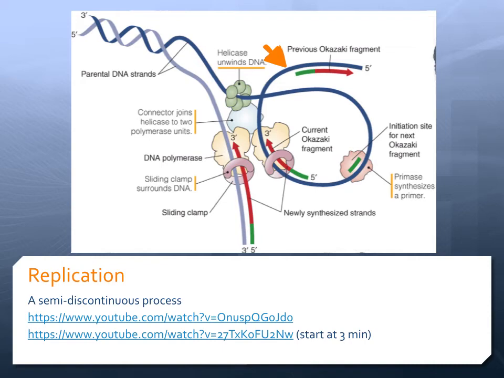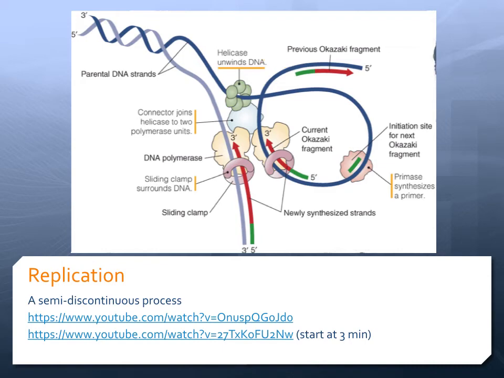So on the lagging strand, you have pieces of RNA that are primers, and you have pieces of DNA that are the Okazaki fragments. Eventually, later, what will happen is that the polymerase will replace the RNA primer in order to make a continuous strand of DNA.